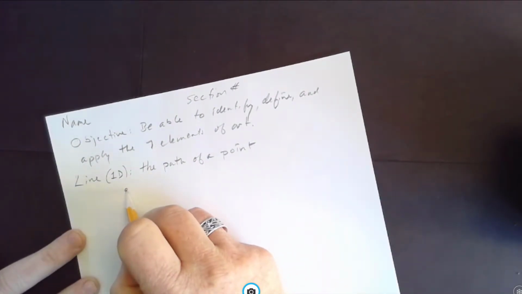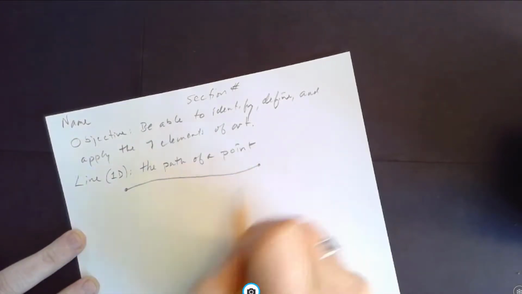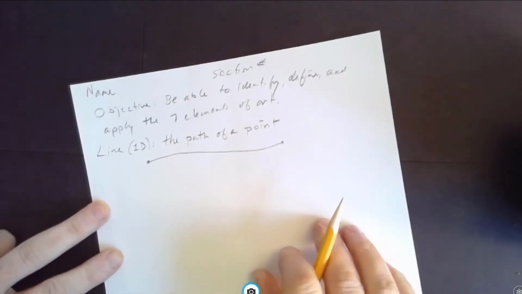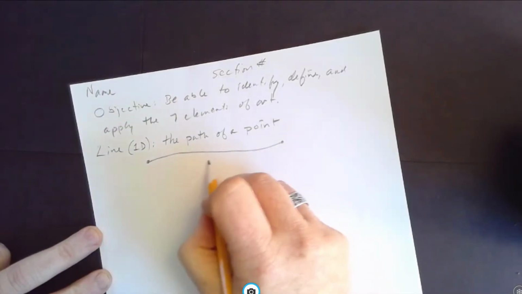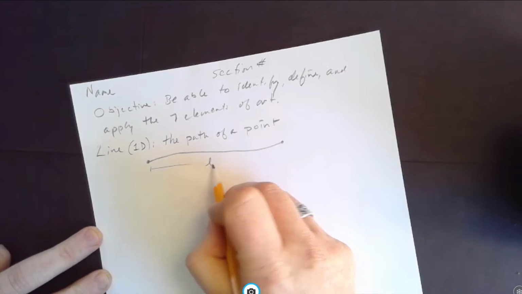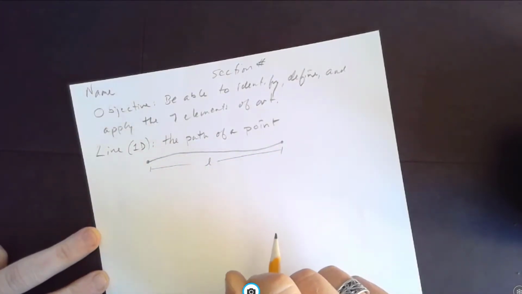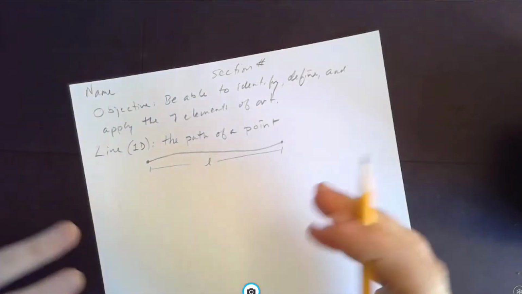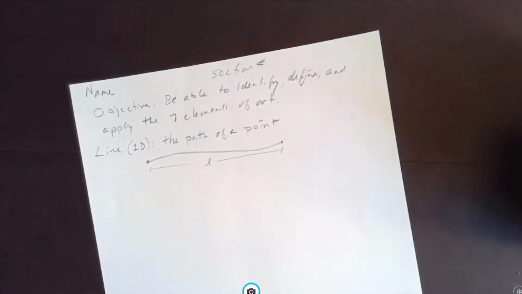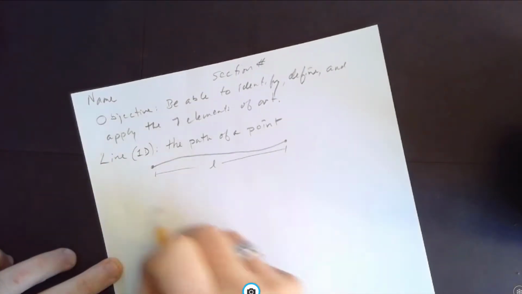So draw under your definition a simple line, or a line segment you might call it, and put a little distance marker with the letter L, standing for length. So that one dimension of line would be length. If you're measuring something's length, we're talking about the line. It's a linear measurement. The second element is shape.